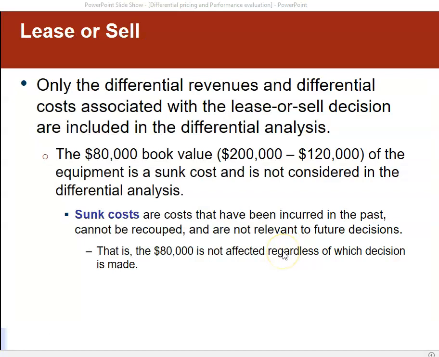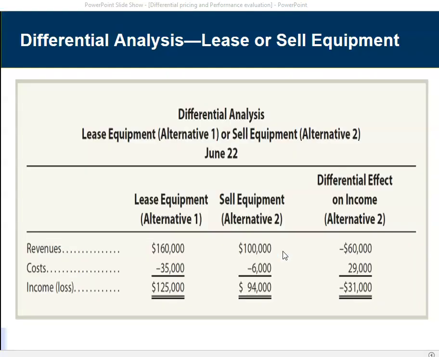And if we look at these two choices, it would appear that we have a $31,000 advantage to leasing the equipment. Now, I do want to say one thing. Because there's a $31,000 difference between alternative 1 and alternative 2, the leasing of the equipment is probably the best option.